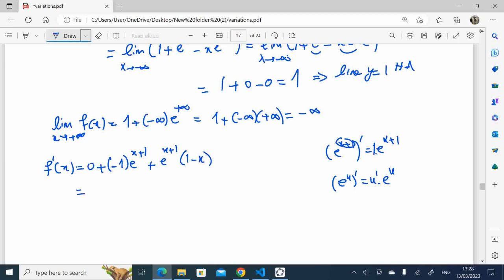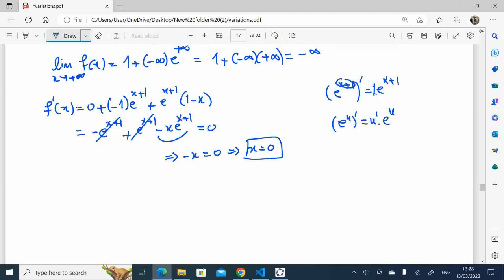Minus 1 times e^(x+1) is minus e^(x+1), plus e^(x+1), minus x e^(x+1). So minus e^(x+1) and plus e^(x+1) cancel. So this is f prime. I solve it equal to 0. It means minus x e^(x+1) equals 0, so x is 0. This is the critical value.